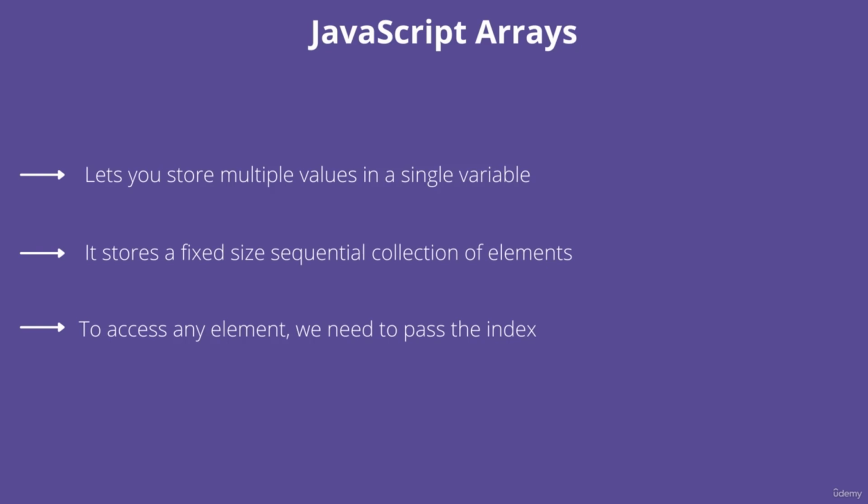That means when we define the array, along with the definition, we will specify the number of blocks which we want, and after that we can start storing the value in each of those element blocks. Since it stores a fixed size sequential collection of elements, it is fixed size. The size which you specify at the time of creating the array, later you will not be able to change.